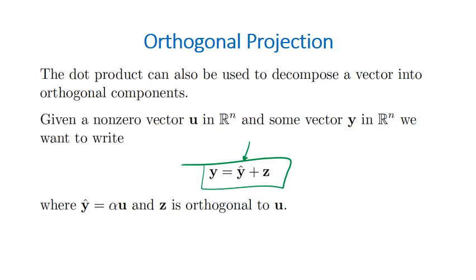So a lot of times people refer to this as y hat, and y hat is basically a vector times some scalar. So it's like a stretch or a shrink of some sort, and z is also a vector. And each of these are orthogonal to u. And remember, orthogonal is perpendicular.